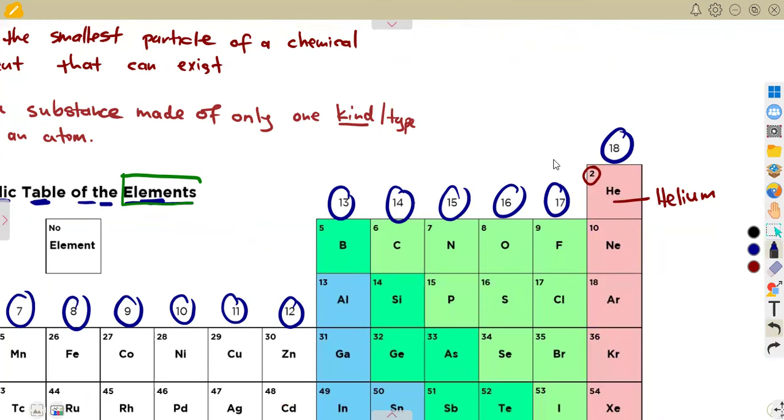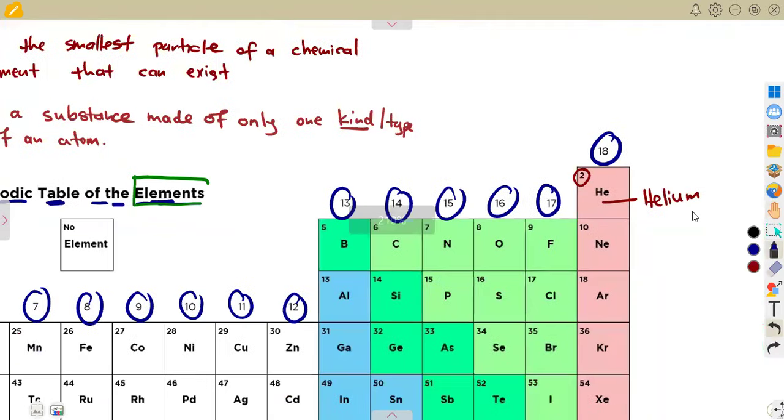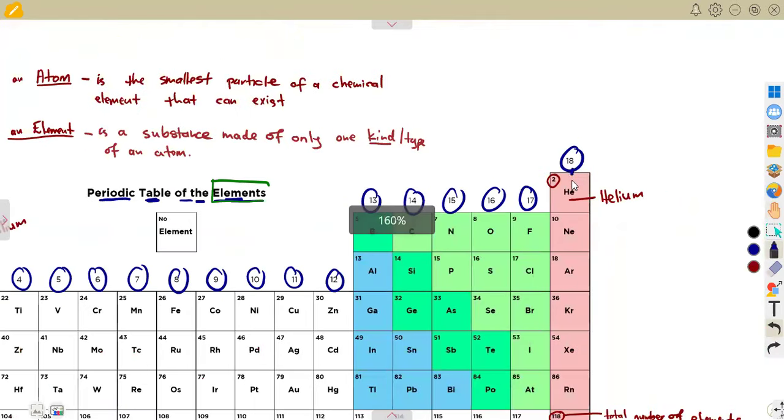What do these numbers represent? They are just on top of every column. Everything is under that 18, everything is under that 17, everything is under 16, everything is under 15. What are they representing?